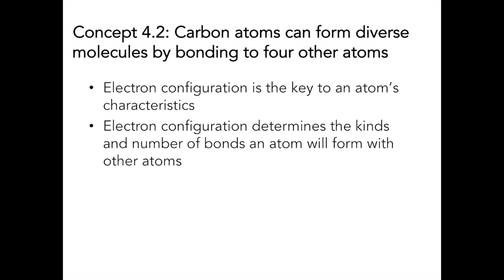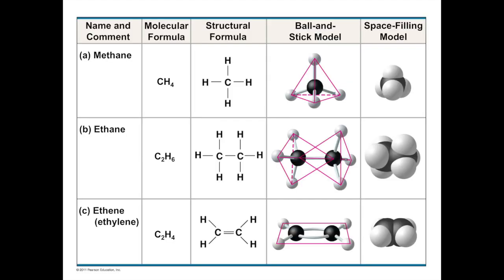And that has to do with the electron configuration. Remember, all atoms want to have a stable valence shell, a completely full valence shell, and however many electrons are present determines how many bonds an atom can form. So carbon can form 4, the reason being that carbon is element number 6, so it's got 4 valence electrons.